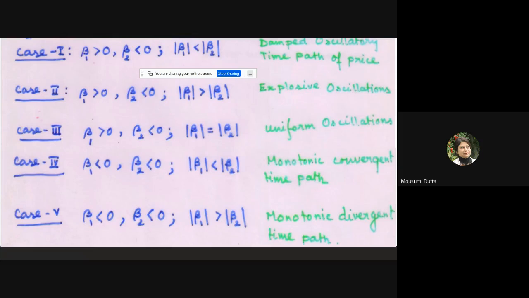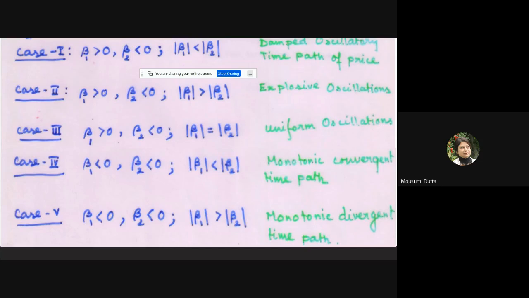However, since mod beta 1 by beta 2 is equal to 1, when you are considering this fluctuation, it is moving within the band +1 and -1. Okay, mod beta 1 by beta 2 equal to 1. That means your beta 1 by beta 2 is varying between -1 to +1.